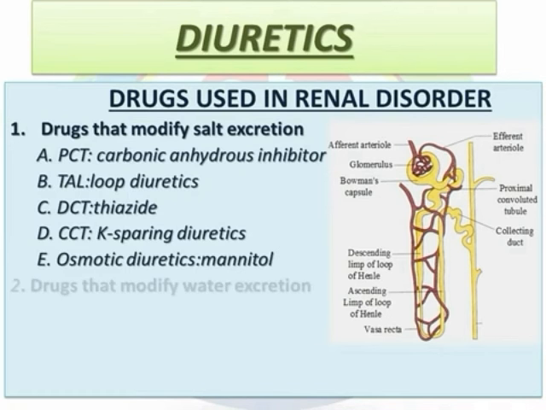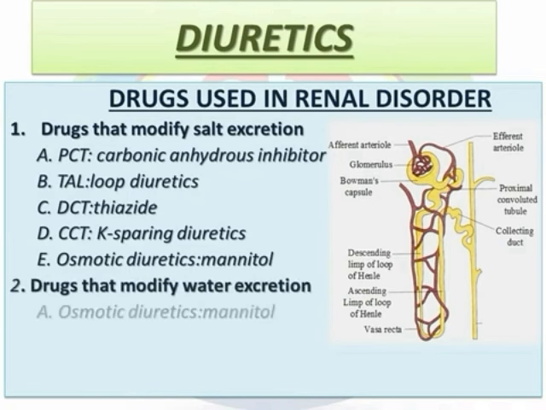So these thiazide diuretics are the agents that inhibit the Na+ and Cl- symport, that means sodium and chloride symport, in the cortical segment of the loop of Henle and in the early portion of the distal convoluted tubule, that means DCT. The uses of these thiazide diuretics are in edema, hypertension, and diabetes insipidus.